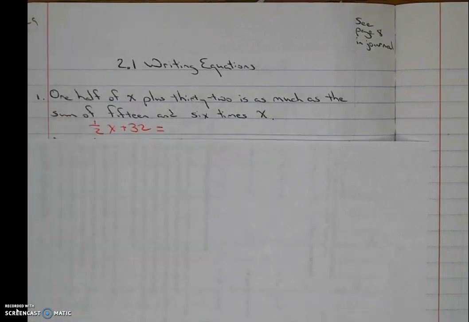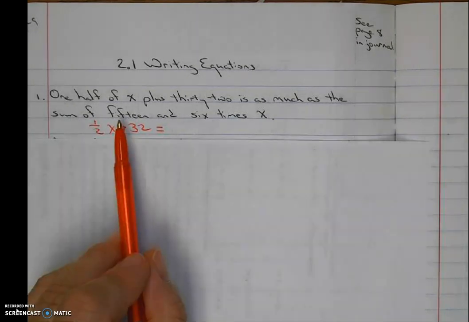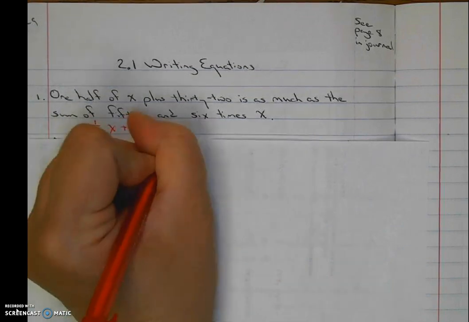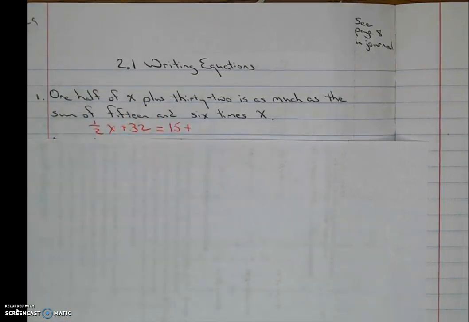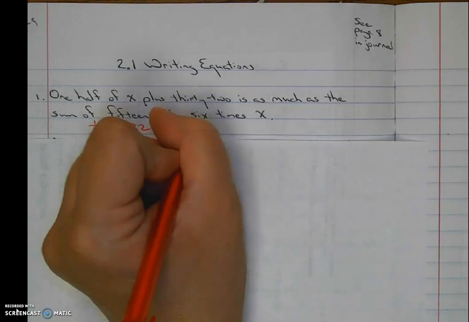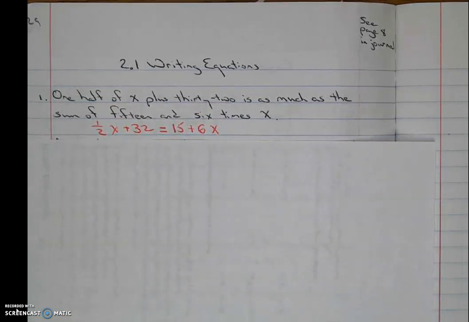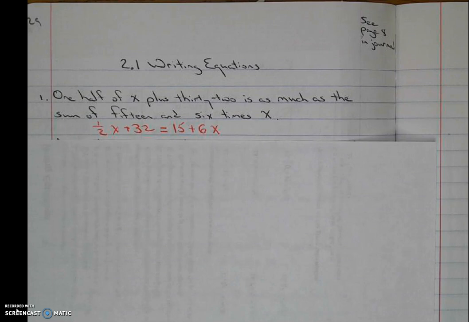The sum of, so we're going to be adding the sum of 15 and 6 times x. So we're going to add 15 plus 6 times our number x. Now sometimes on your assignment you will be asked to translate from here to here. Other times you would be asked to go the other way around.